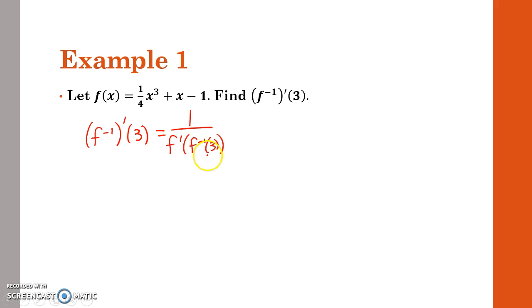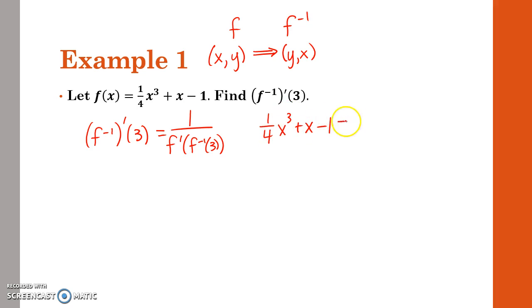However, if you remember about a function and its inverse function, if the point x comma y is on the original function, then on the inverse function we have the point y comma x. So if we want to know what the inverse function is when its x-coordinate is 3, that's really just the y-coordinate of f. So I'm going to take f of x, which is 1/4 x cubed plus x minus 1, and set it equal to 3.